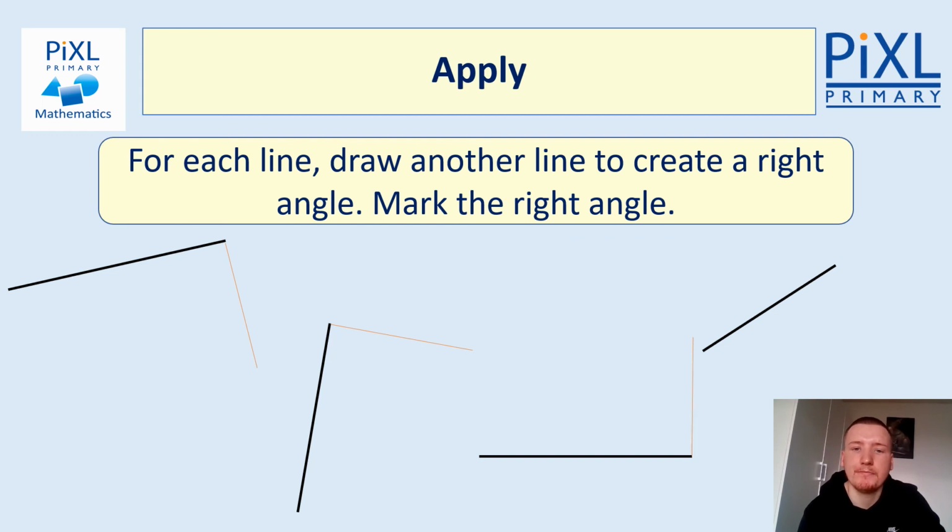My next one, and then to finish off, my last line. So pat on your back if you got all them correct. If you drew your lines in different ways, slightly different to mine, that's absolutely fine, as long as you double check and you mark your right angles. Post all your amazing pictures of your work on Dojo, and let's make sure that we're all getting this correct. So well done if you have got most of them correct.